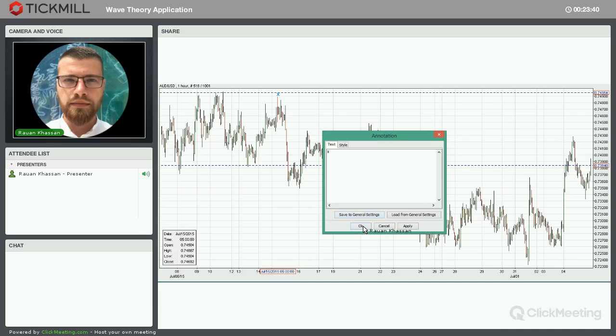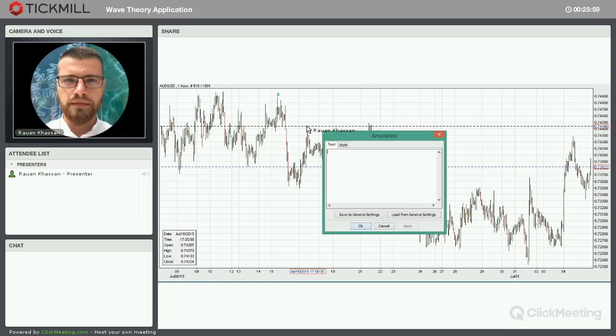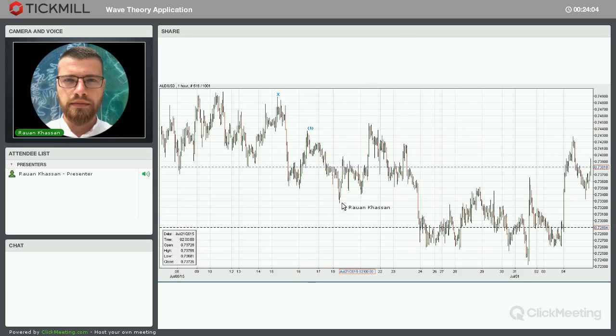I invite you to follow the steps I'm doing on the live chart on your chart as well, so you can get a better understanding. Then we make up a 1, 2, 3 annotation. So this is small 1.